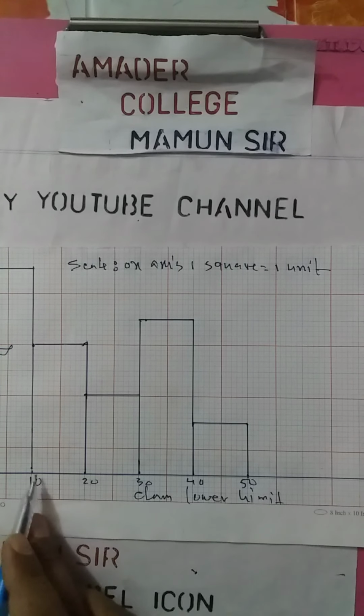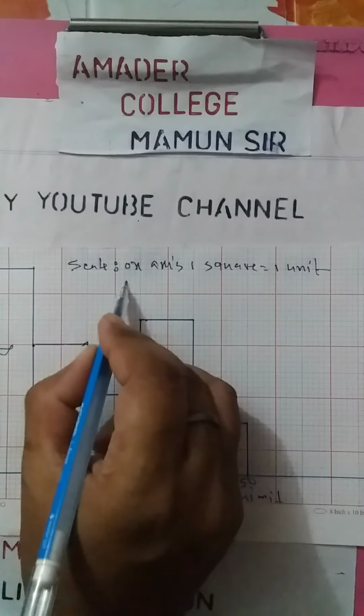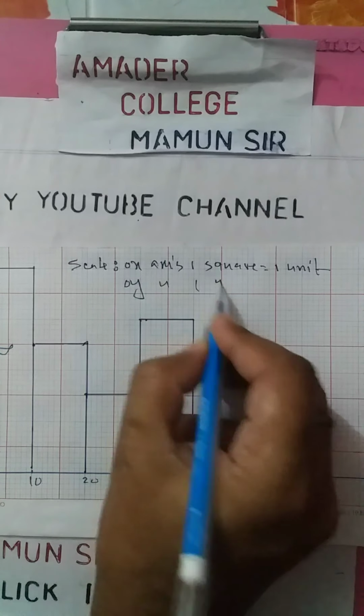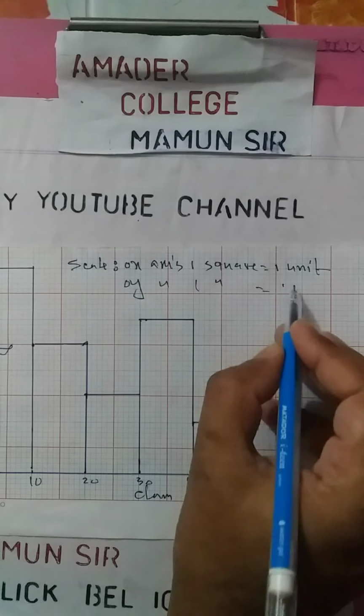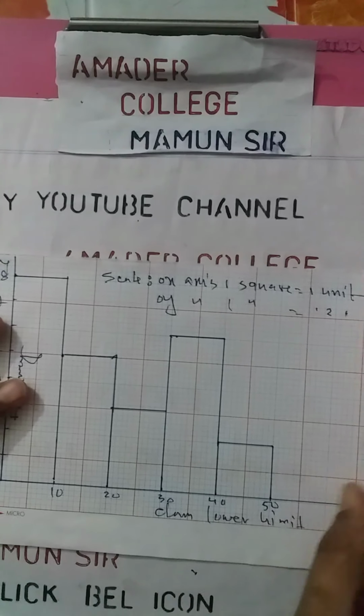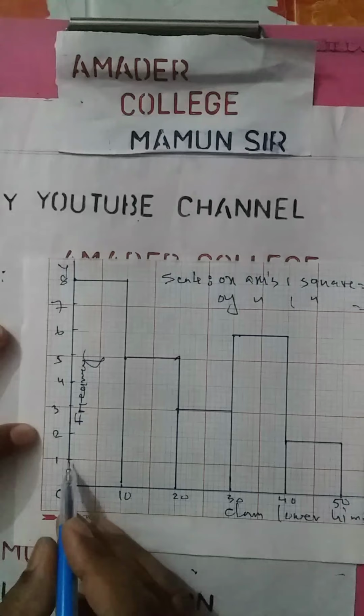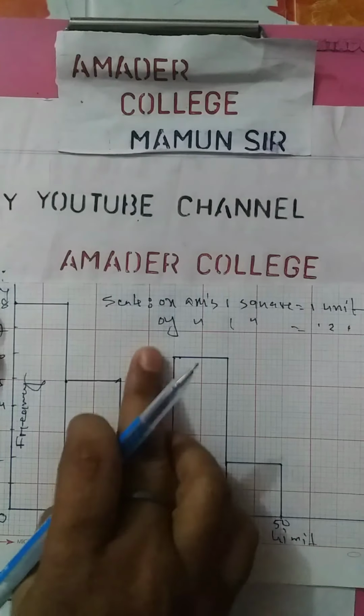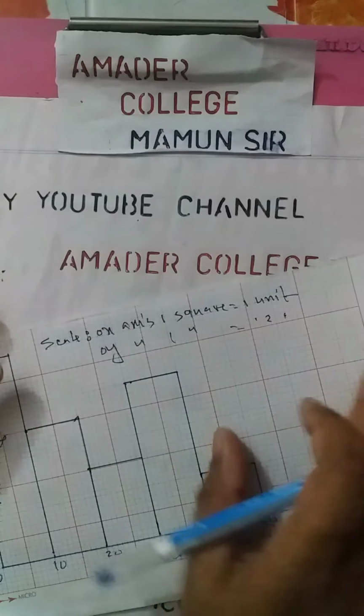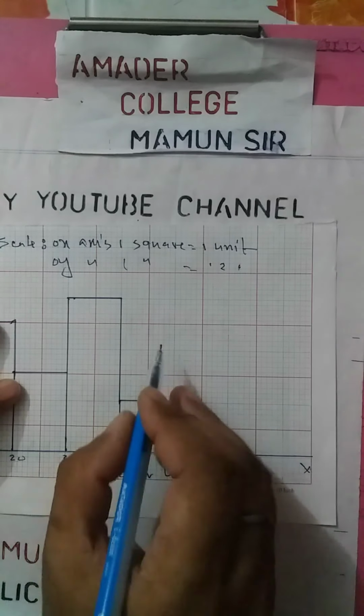Tell me, 1 square is equal to 1 unit. On the OY axis, 1 square is equal to 0.2 units: 0.2, 0.4, 0.6, 0.8, 1. In this region, on the Y axis, 1 square is equal to 0.2 units. This is the drawing of the histogram.